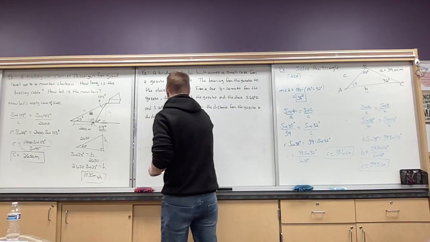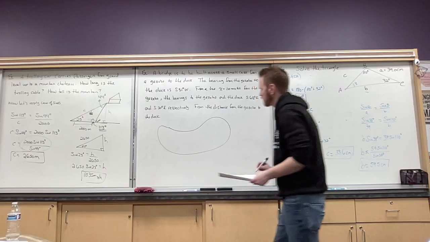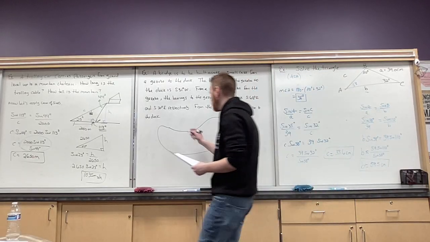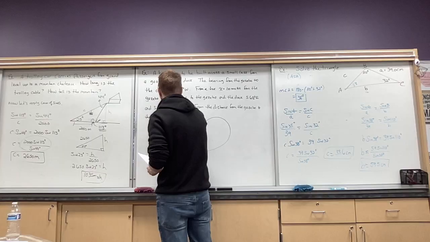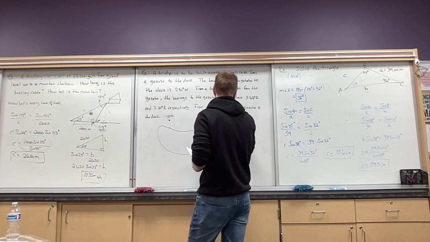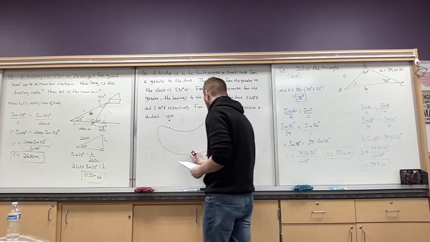There we go. That's a nice, decent lake, right? And trees over here. The gazebo's over here. I'll just call it point B, but I'll put gazebo next to it. And then down here is the dock.